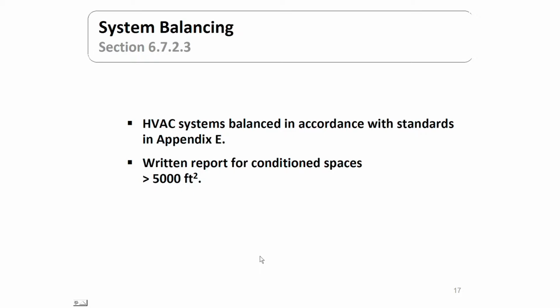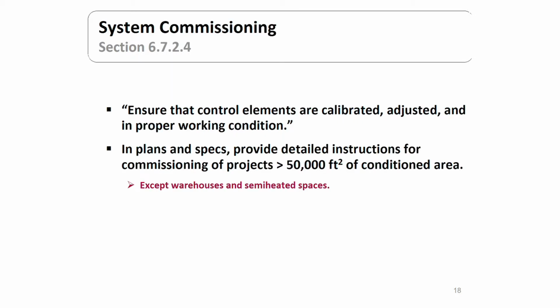Under systems balancing, that simply has to be done in accordance with the standards that are back in Appendix E. And the specific requirement on that is you have to have a written report for conditioned spaces that are greater than 5,000 square feet. For commissioning, this is to ensure that the system elements are all operating as designed.